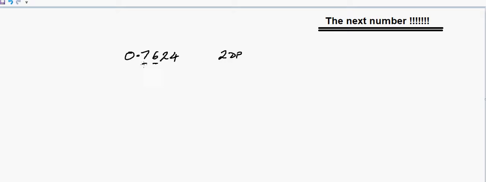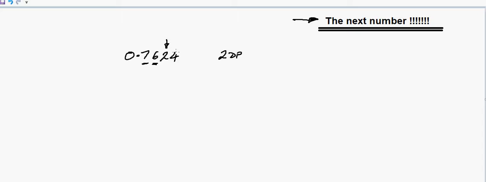They're your first 2. Now whenever you're doing rounding, it's always the next number. Okay, so there's my 2 decimal places, 0.76. So the next number is a 2.